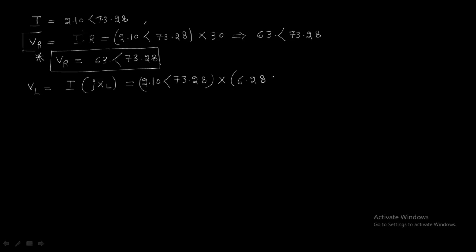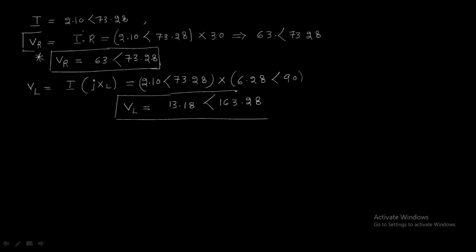Wherever plus j is there, it is automatically at an angle of 90. So by doing the calculation, we will get VL equal to 13.18 at an angle of 163.28. So this is the voltage drop across the inductor. The first and second things are completed.